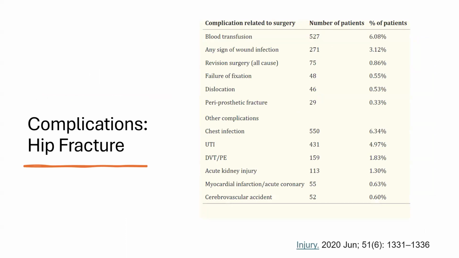So the complications are commonly seen, particularly when we have patients with hip fractures. And aside from the fracture itself, many complications can and do occur in these patients. And this increases as the duration between admission and definitive surgery increases.